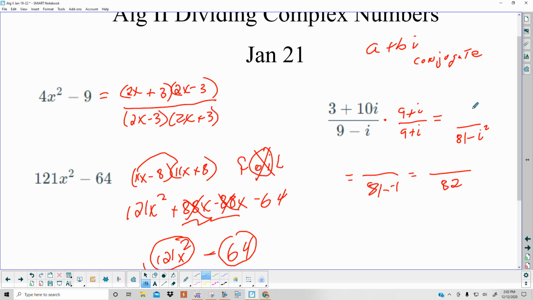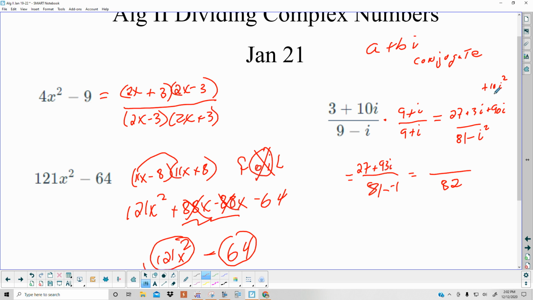So 27 plus 3i plus 90i. Sorry, didn't give myself much room. Plus 10i squared. So 27 plus 93i plus 10i squared.